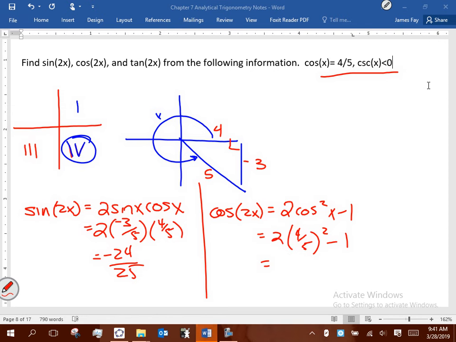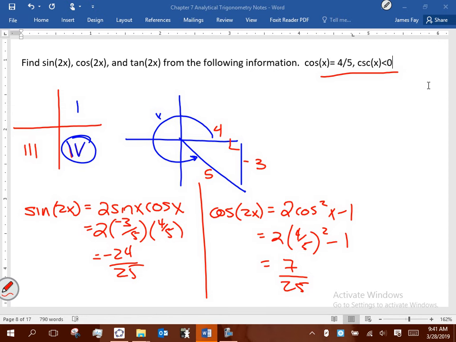I double that, careful, I get 32/25. So 32/25 minus 25/25 would be 7/25. I'll let you evaluate that, but that should be 7/25.